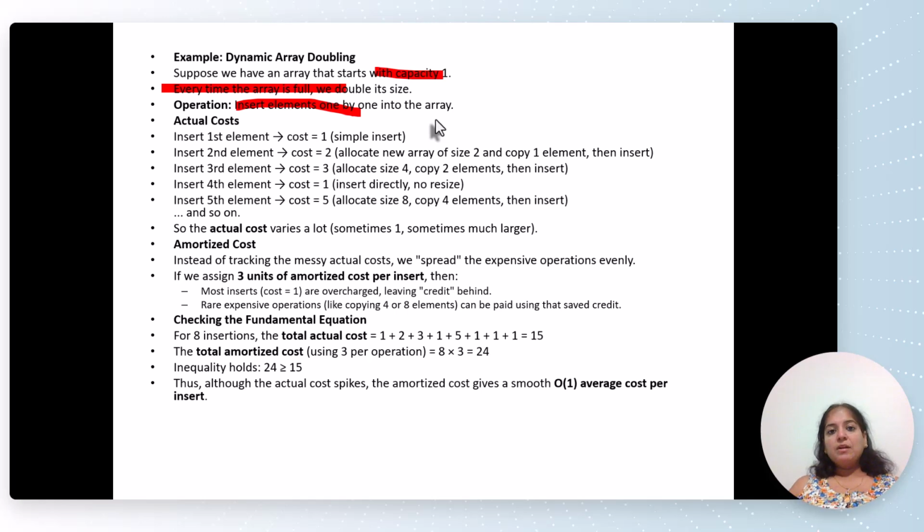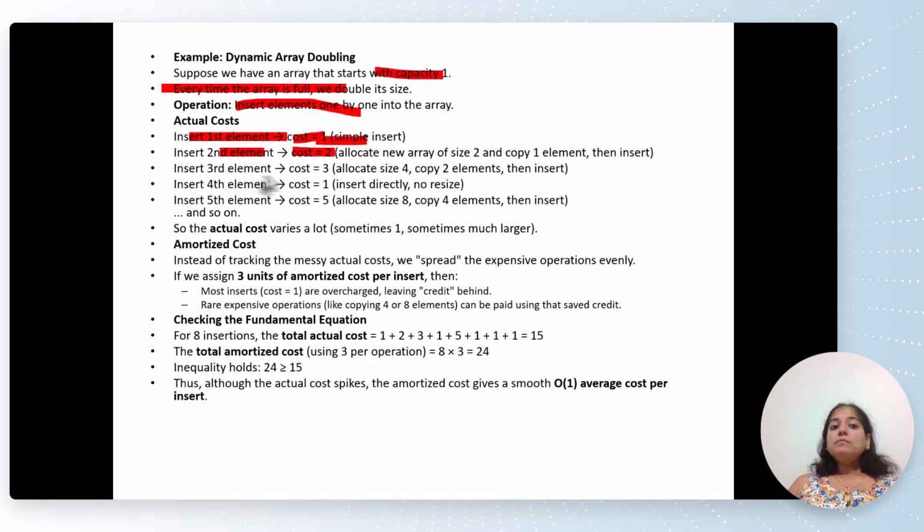Inserting the first element costs 1. Inserting the second element costs 2, because you allocate a new array of double size, first copy the previous element, and then insert the second element.